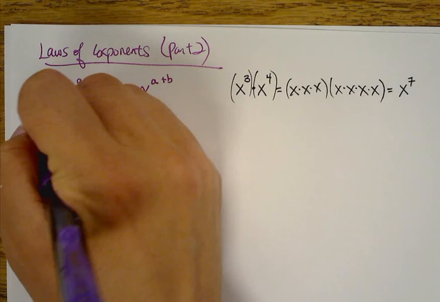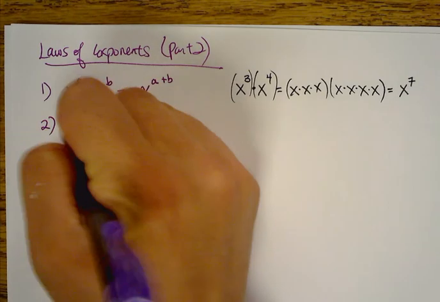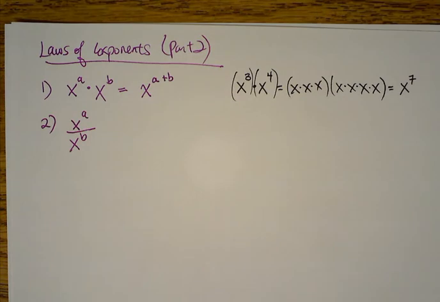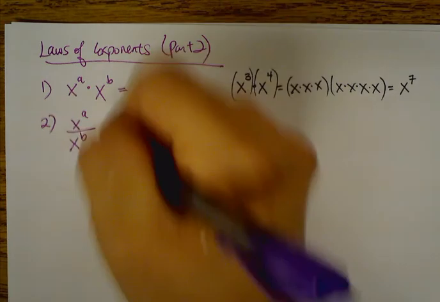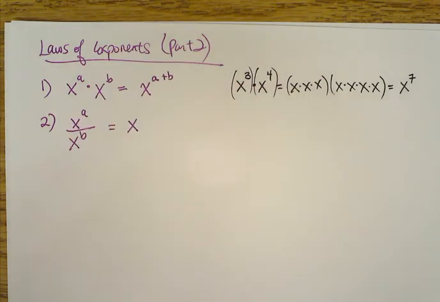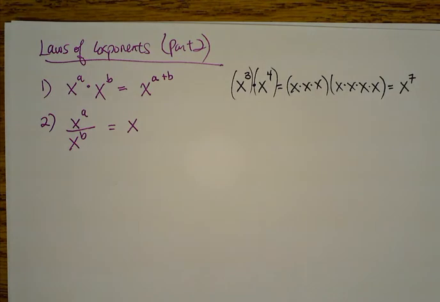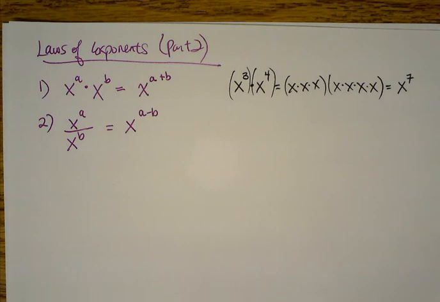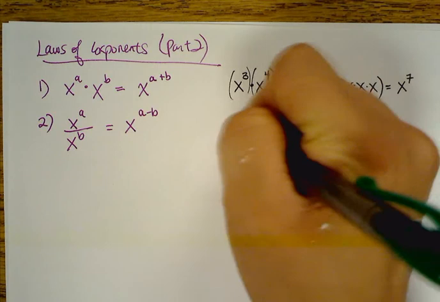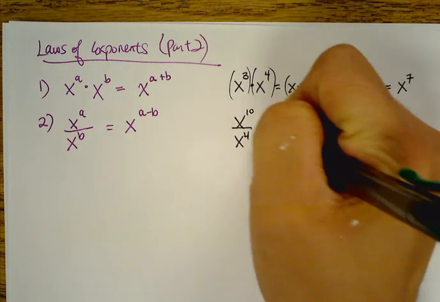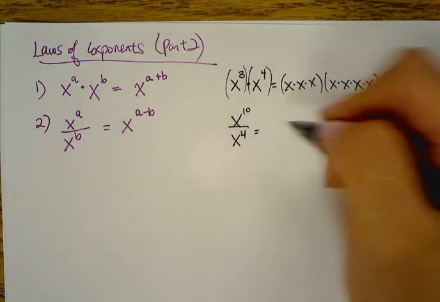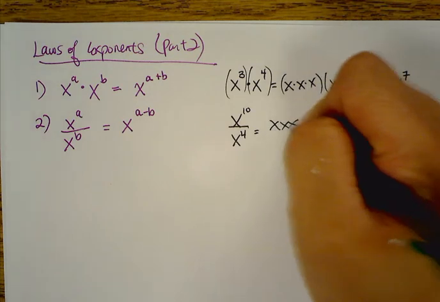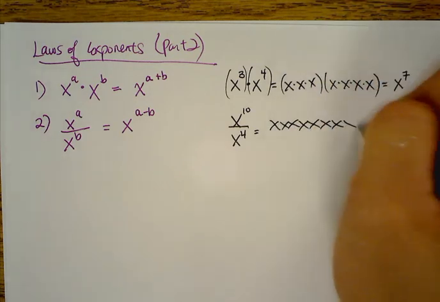What about x to the a over x to the b? That equals x to the a minus b. This only works if the bases are the same. You can't do it if the bases are different. So it's going to be a minus b. Do we see why though? What if you have x to the 10th over x to the 4th? What does x to the 10th mean? x over x.